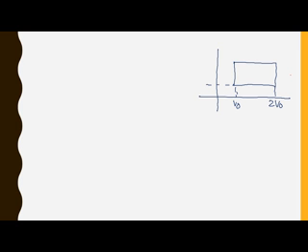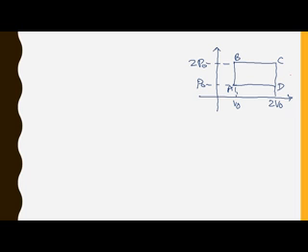This is P0, this is 2 P0. Okay. There they are asking the heat extracted from the source. Now, what is the efficiency? A, B, C, D. What is the efficiency?